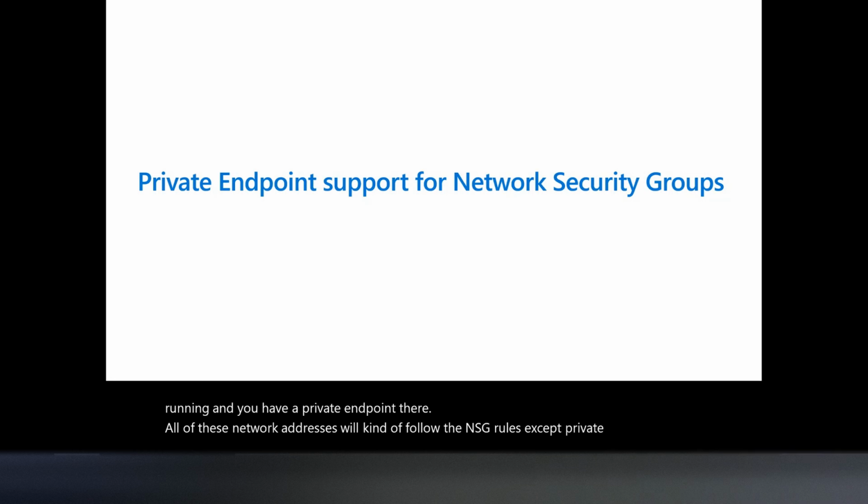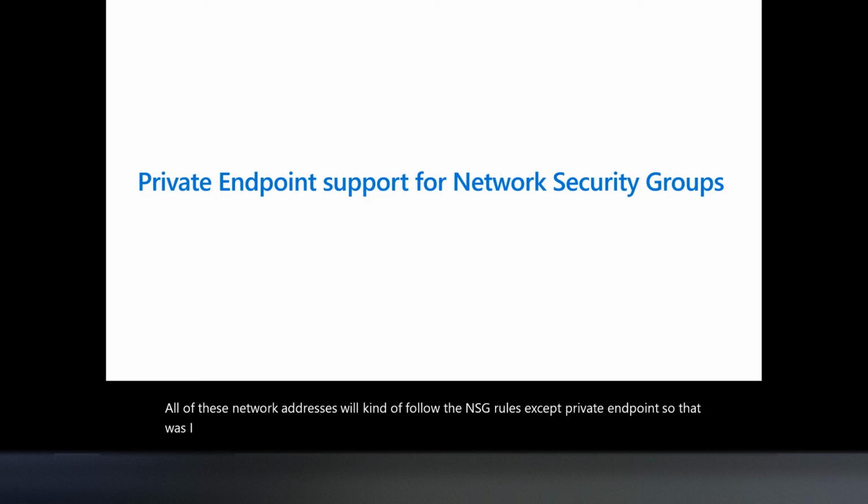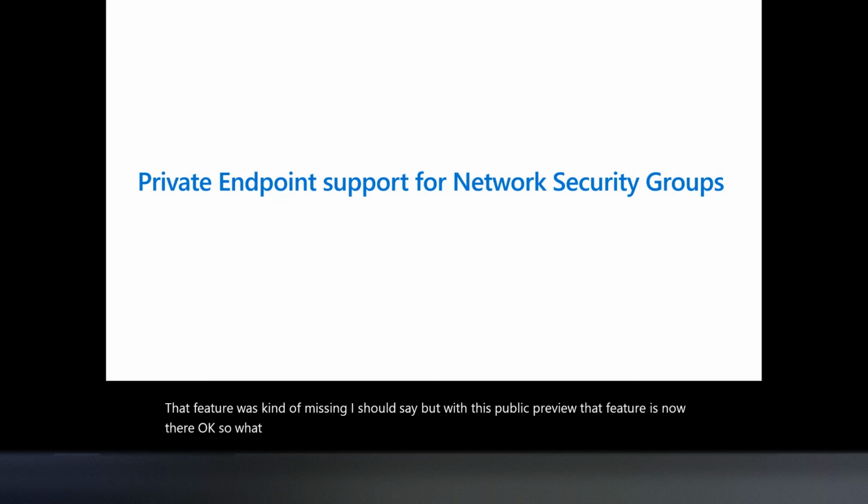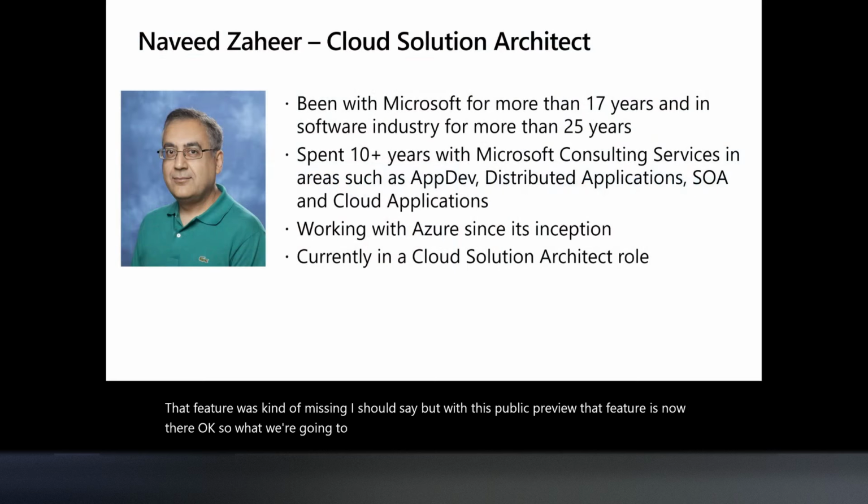So that feature was kind of missing, I should say. But with this public preview, that feature is now there. Okay, so we're going to take a couple of minutes to take a look at it.